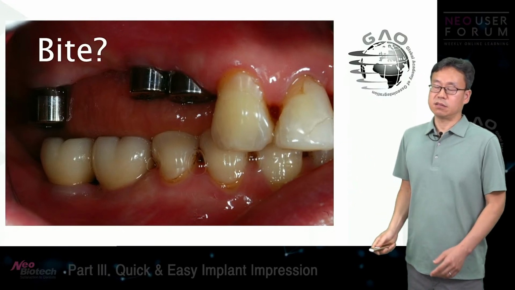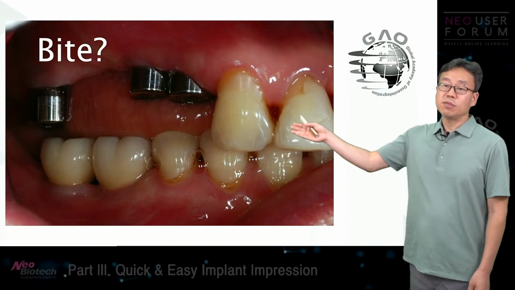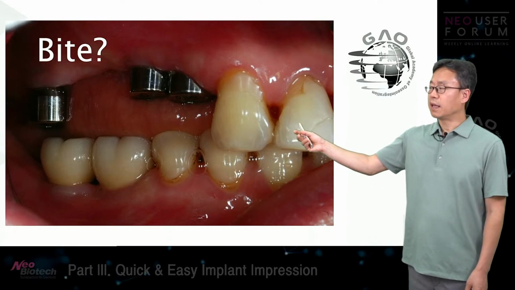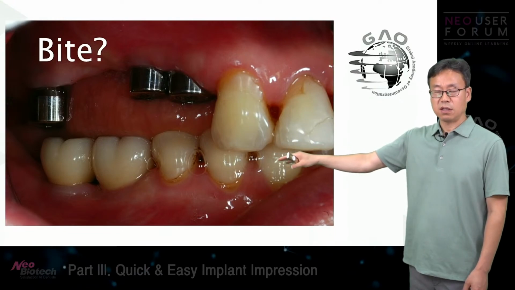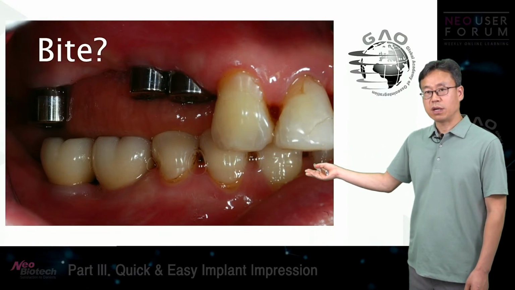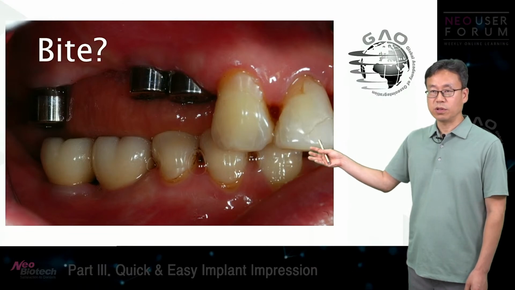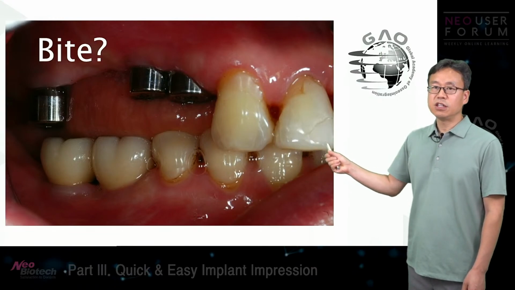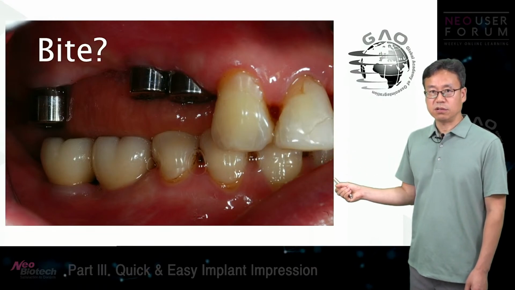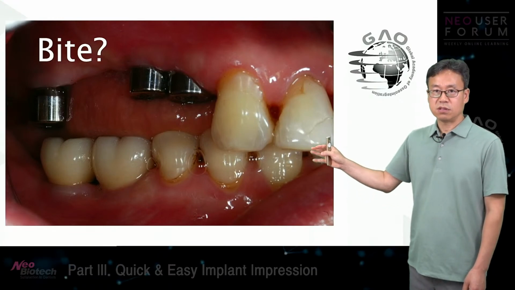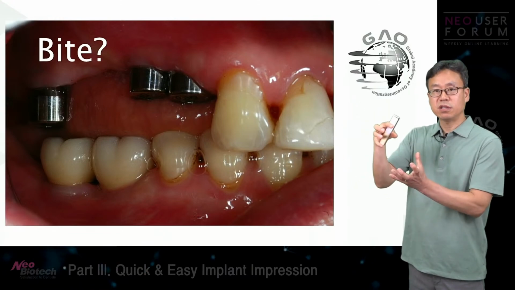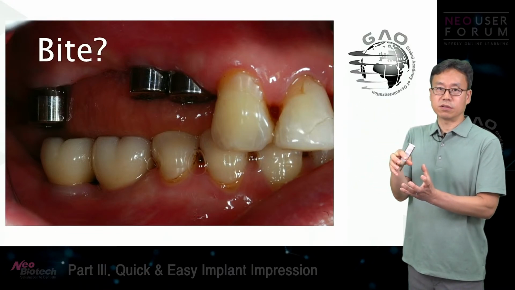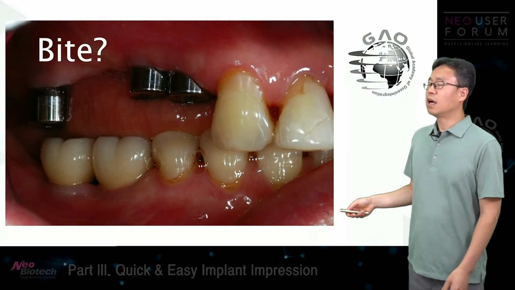So you took an impression, and then also took an impression for the opposing arch with alginate or rubber impression. That's your choice. And then you need to get a bite registration before you send those materials to the lab so that they can mount the upper and lower models, right? How do you do that?